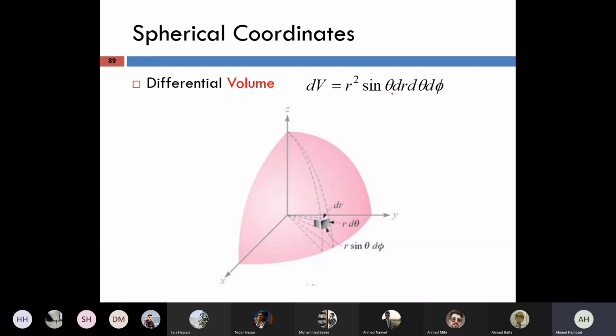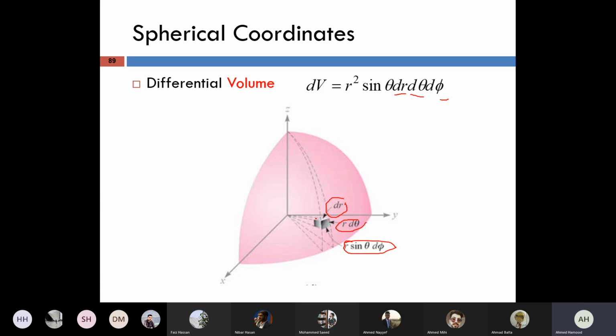We have r square sine theta, then the derivatives based on r, theta, and phi. This is for the top, you have it for the side, and you have it for the bottom. This is the volume.